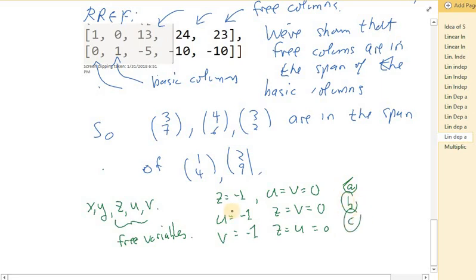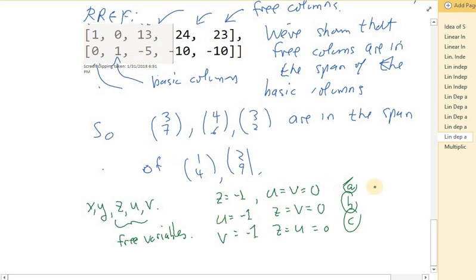Now let's follow up with choice A. If I take choice A, what do I get? Remember, my u and v are 0, and my z is minus 1. It's going to give me that x is equal to 13, and y is going to be equal to minus 5. That comes from this one.